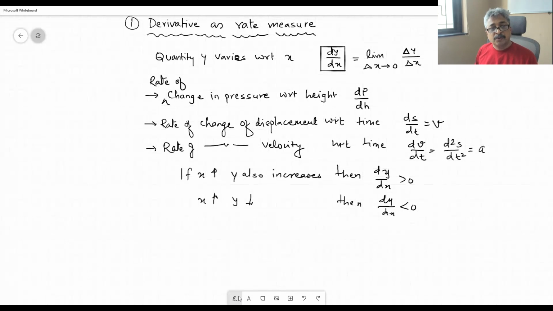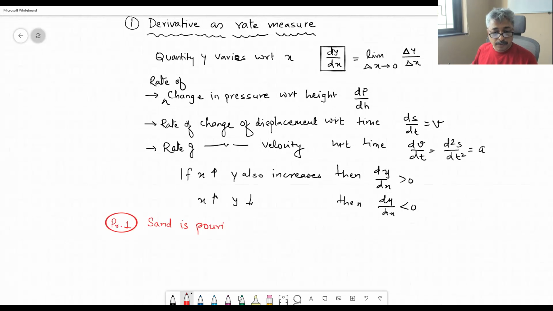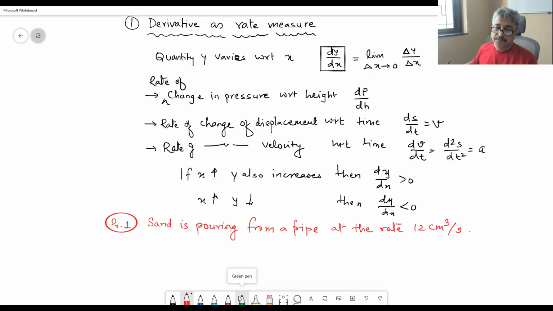So these are some conventions that we need to follow, and then we will get our things right. Okay, so we will understand this by solving a couple of problems. First problem: sand is pouring from a pipe at the rate 12 centimeter cube per second.